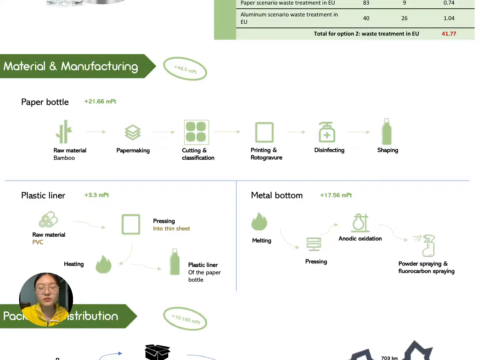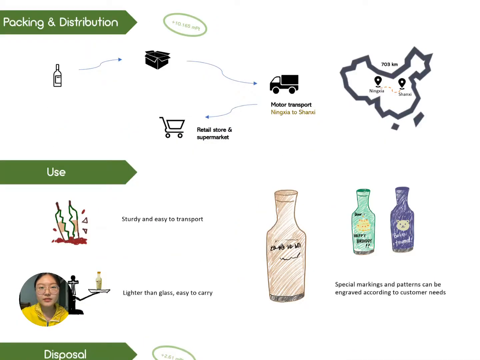The metal bottle making would lead to waste gas emission and energy consumption, but the impact is actually low because of the small size. In the distribution part, the paper bottle replaces the glass bottle. Lighter weight makes transportation produce less fuel consumption, thus producing fewer greenhouse gas emissions.